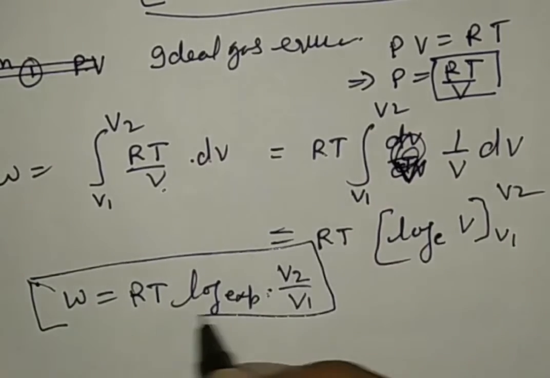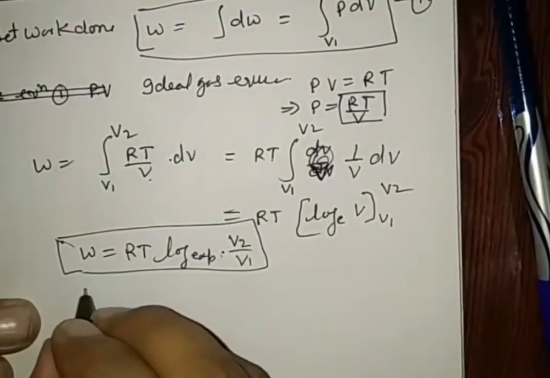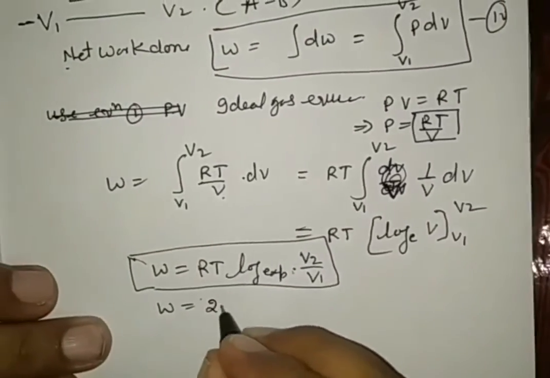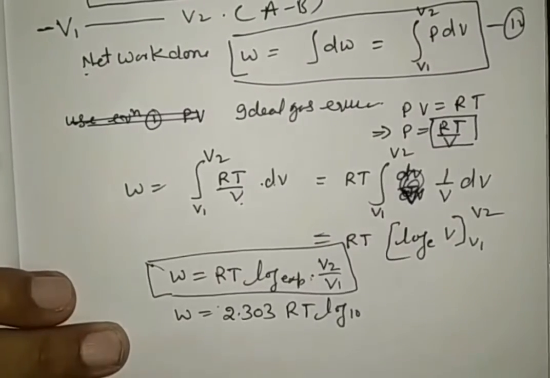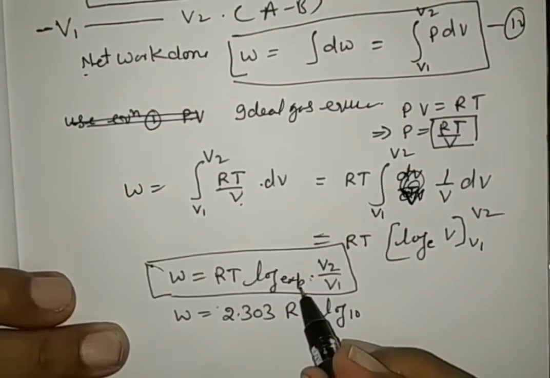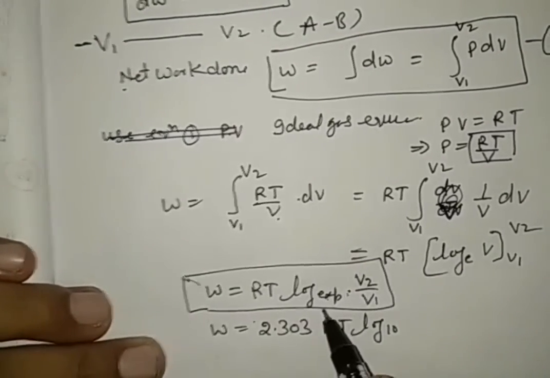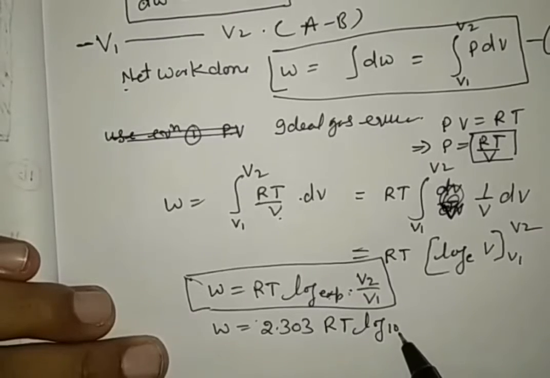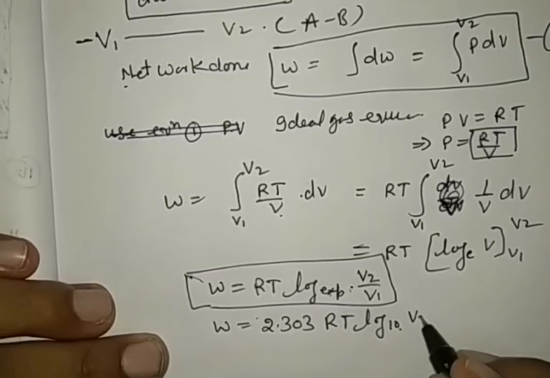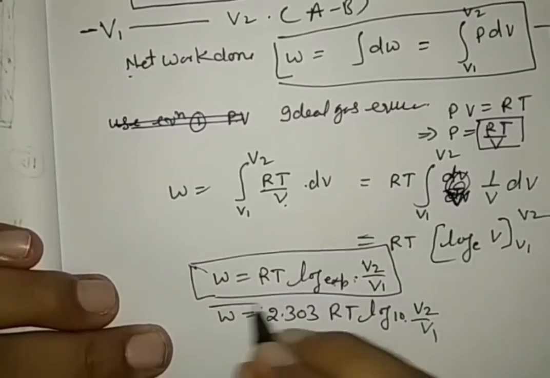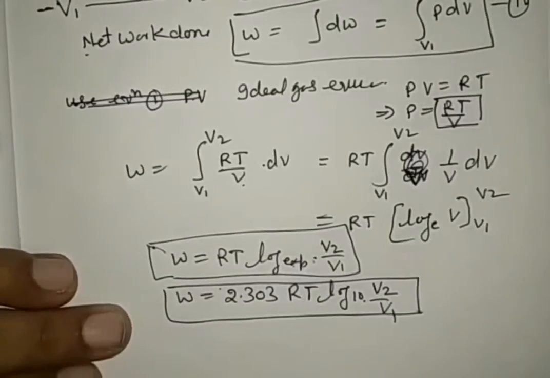So work done is this. Or at base 10, this work done can be written as 2.303 RT log V2 by V1, where we multiply by 2.303 when changing the base of logarithm from exponential to 10. This is the second equation of work done.